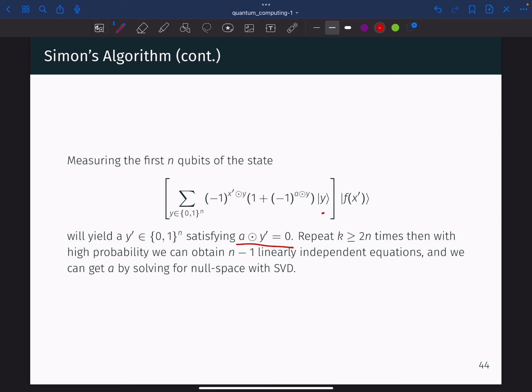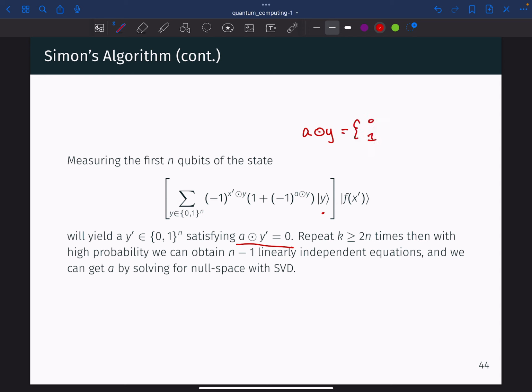Let's think about this slowly. Basically, A inner product y mod 2 will be either 0 or 1.